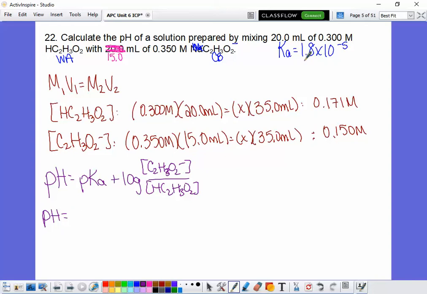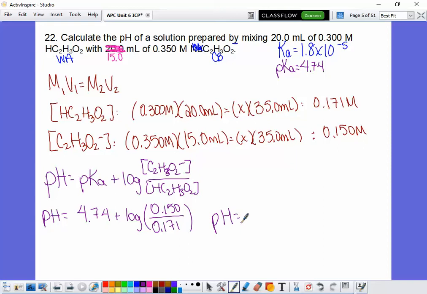Yep, 4.74. So 4.74 here, plus log of, what value are we going to put on the top? 0.150 over 0.171. So go ahead and calculate that pH.